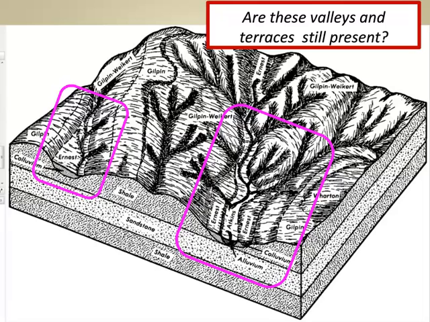And if you look to see what the profile block diagrams look like for the Ernst, you can see that it shows up as little terraces along small stream valleys. So one of the questions you might ask is, are these valleys and these little terraces still present in the landscape now when you go out and sample?